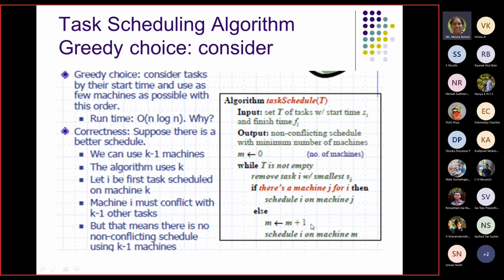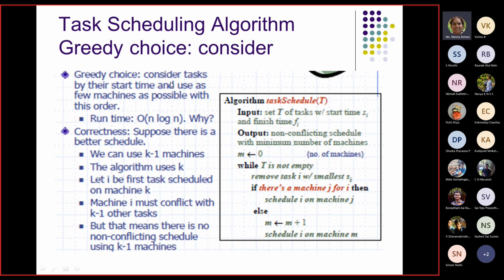Otherwise, we set M equal to M plus 1, because we want to finally know the machine number. We started M with 0. So we make M equal to M plus 1 to say that this is the machine in which I am going to put it, because we are numbering the machines in order 1, 2, 3. And then schedule i on machine M. So we will allocate a new machine only when there is no machine available. Very simple algorithm.